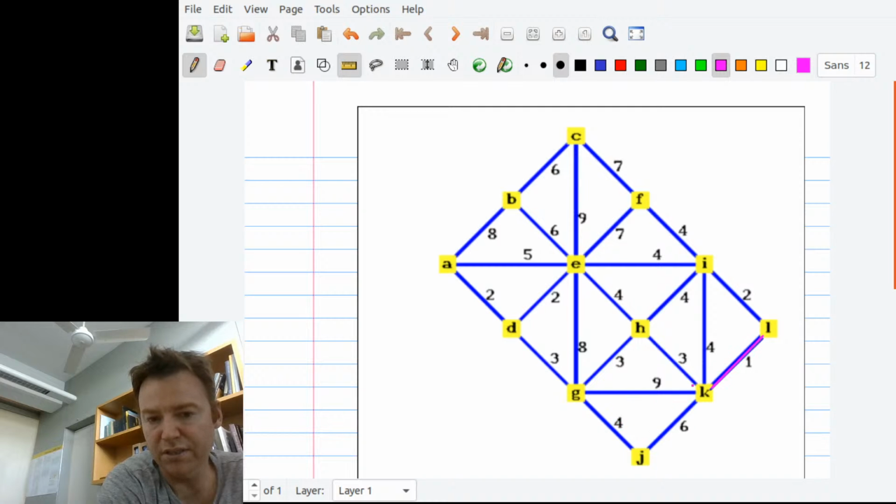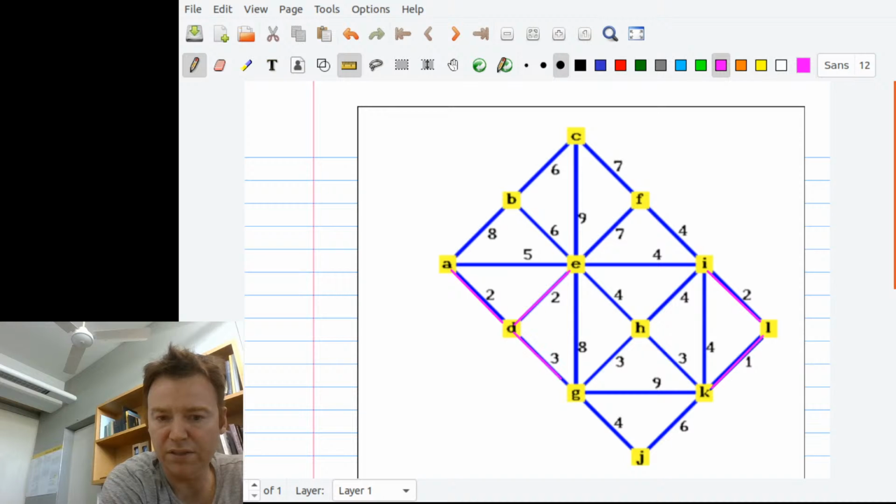That's my only 1. Next I go through all the 2s. There's a 2, a 2, and a 2. No other 2s. Then all the 3s.